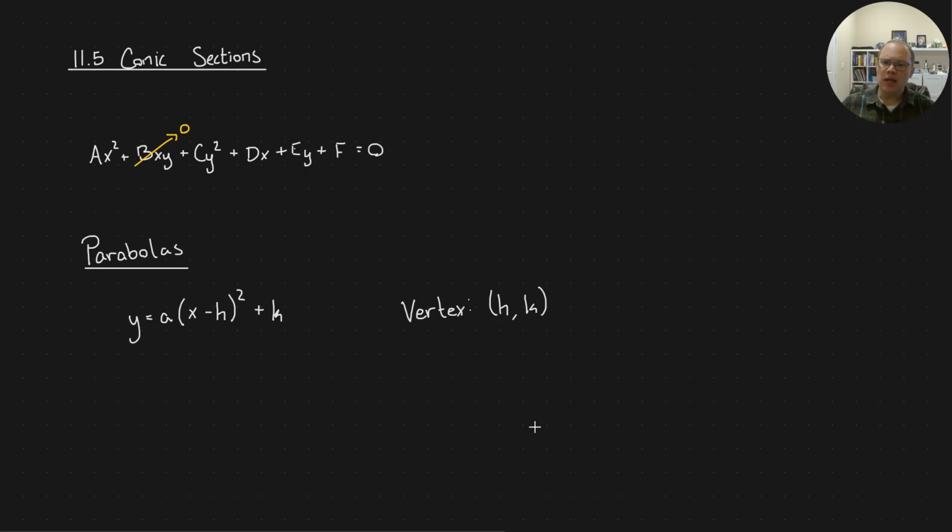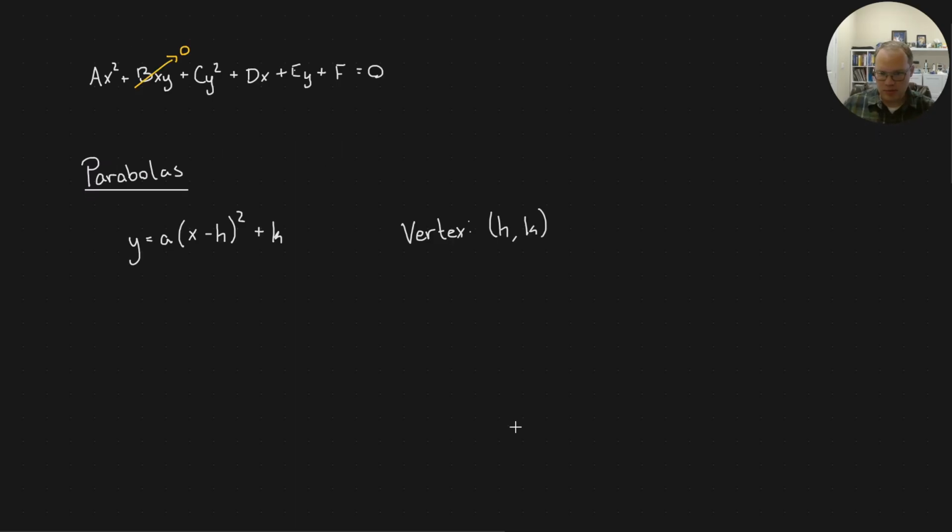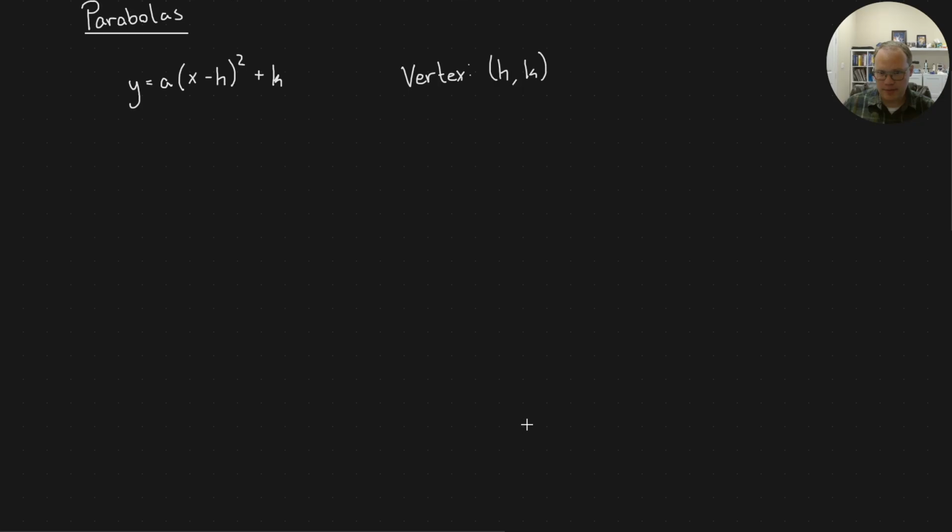Right? Let's look at this in an example. Let's do a couple of examples with this. So let's do y equals 2 times (x minus 3) squared plus 1. Okay?